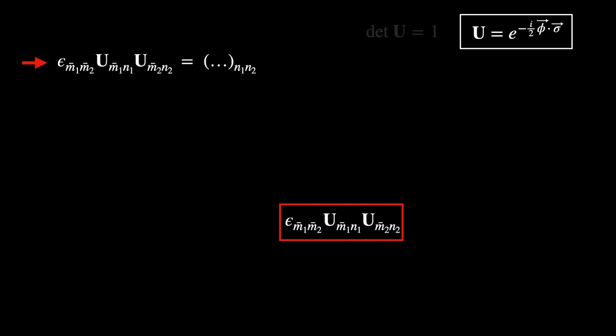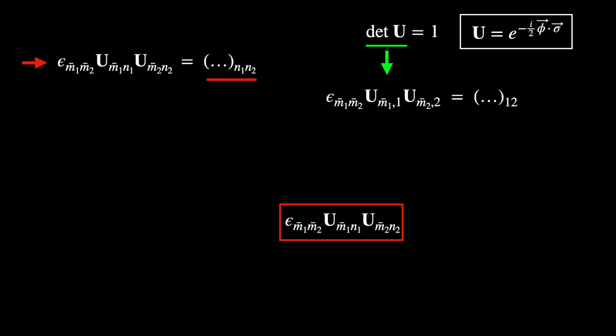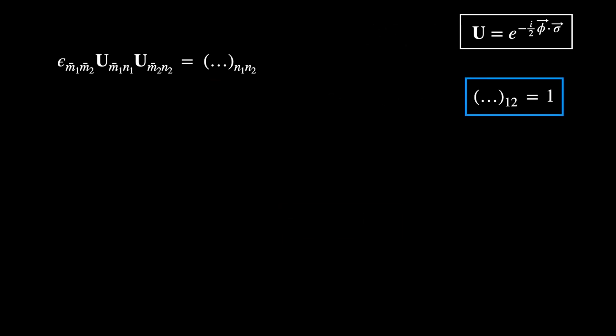Recall that the matrix U has determinant 1. We can use the Leibniz formula for determinants. This looks like the 1-2 element of our matrix. And with determinant 1, this is equal to 1. Since the epsilon symbol is anti-symmetric, our matrix is similarly anti-symmetric. This is similar to what we have worked out earlier.